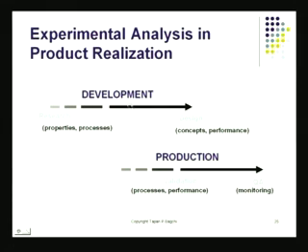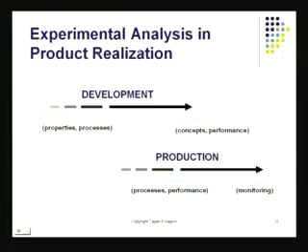Then we have to validate the process, whether we've got the right design done, whether the process conditions are right, and so on. Then again we can use experimental work. And toward the end, when we do monitoring, that's when quality assurance is done. We have to make sure we monitor the right quantities. So this is one large area, but many times the technique is experimental, whenever you're trying to realize a new product in particular.